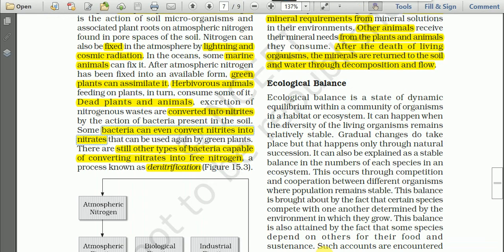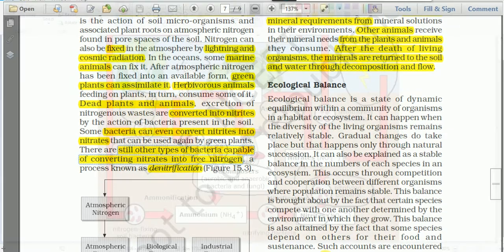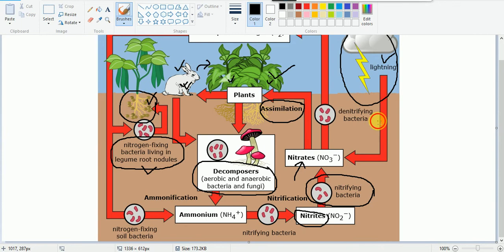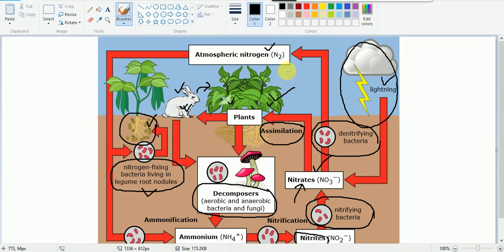And there are still other types of bacteria capable of converting nitrates into free nitrogen, a process known as denitrification. Still we have some more bacteria which can convert the nitrates into free atmospheric nitrogen.